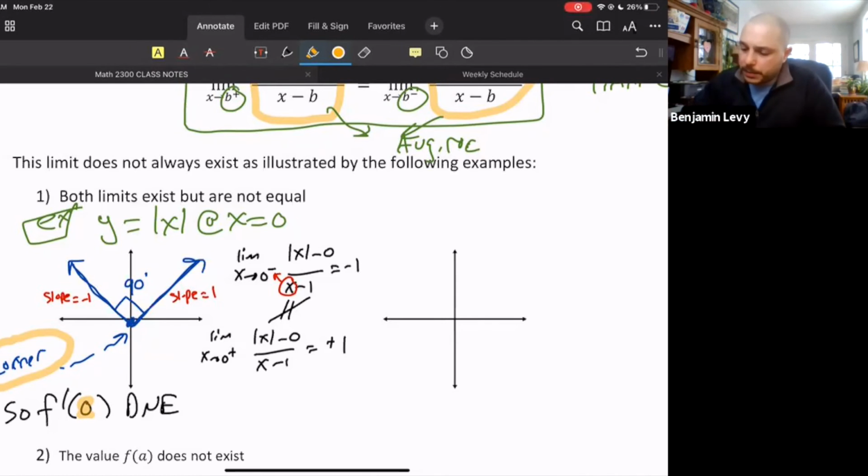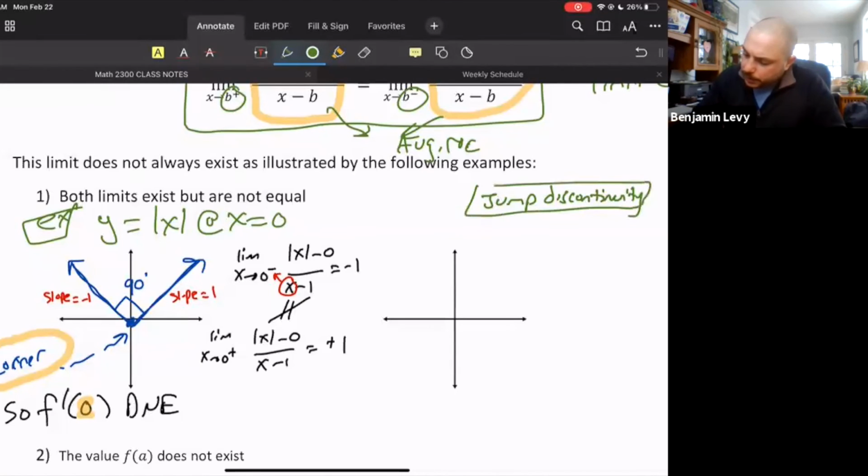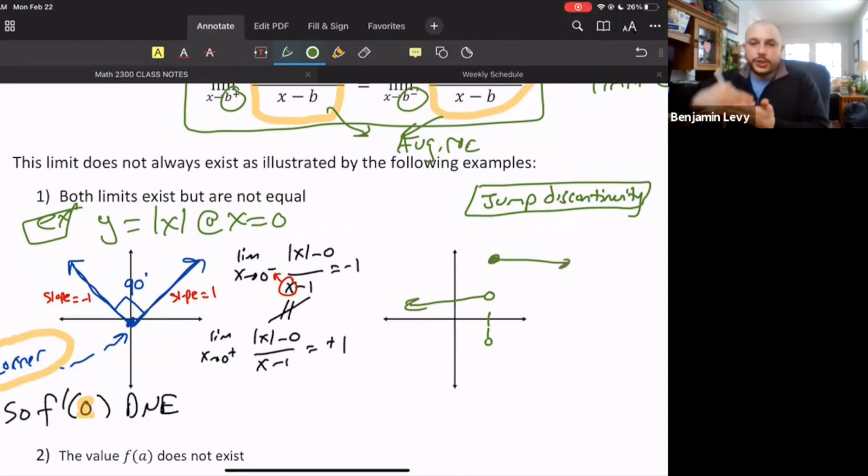The other type that we might see where the limit doesn't exist is called a jump discontinuity, which we've seen previously. Remember, that's where the graph jumps. Something like this, where it's down here at the point B, and then it just jumps up right here, and we have a jump in the graph. The issue there, again, is the left-hand limit is not going to equal the right-hand limit.